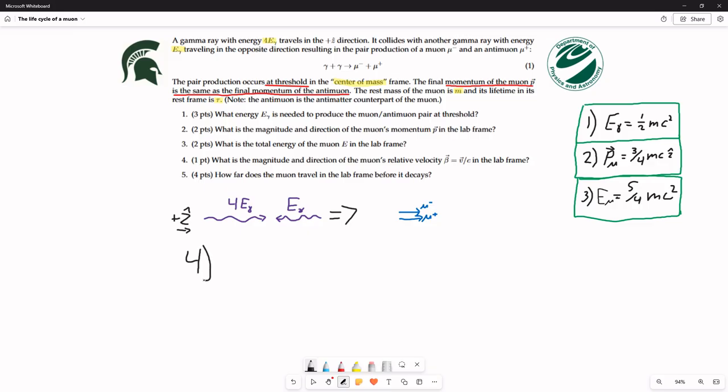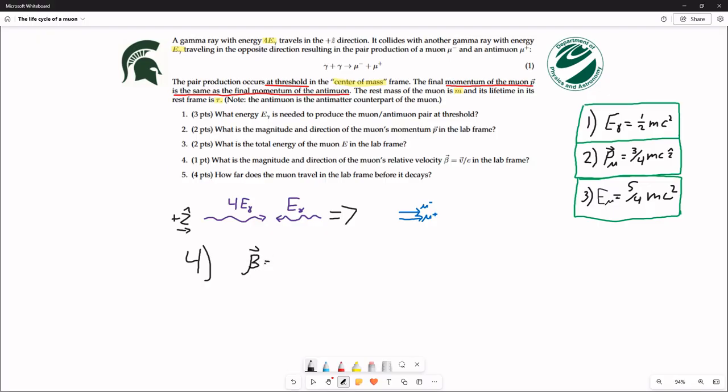What is the magnitude and direction of the muon's relative velocity beta in the lab frame? So it does give us this equation for beta, which is the velocity over the speed of light, but that's not very helpful. What we actually want to do is, in the equation sheet, we have momentum equals gamma mc beta, and we also have energy equals gamma mc squared.